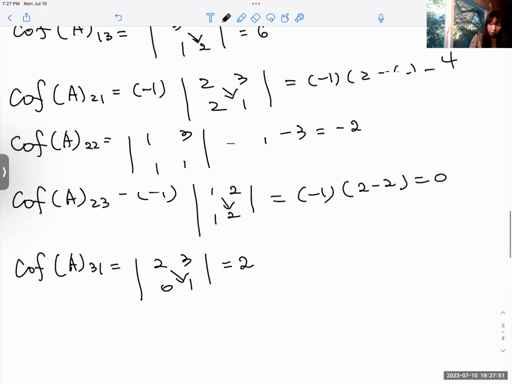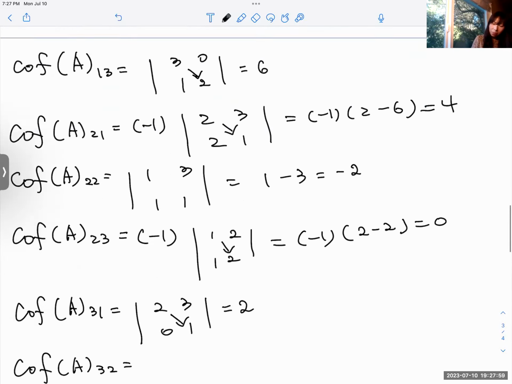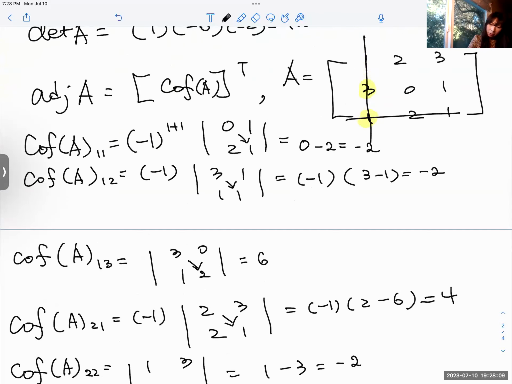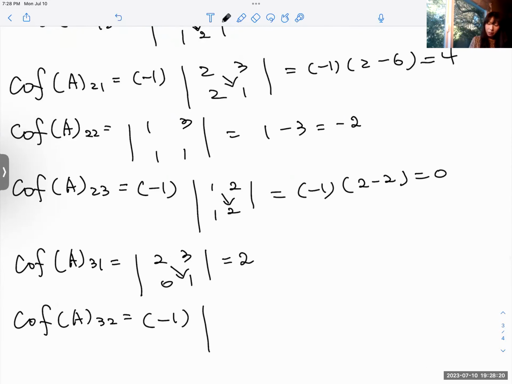And cofactor of A, 3, 2. Sorry, sign. We have a positive, so we get negative. 3, 2. 1, 3, 1, 1. Okay, negative, 1 minus 3, which is positive 2.